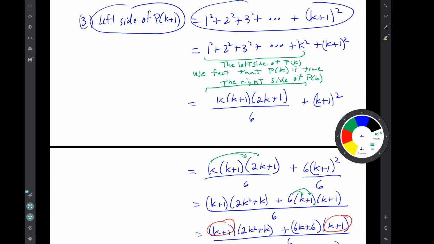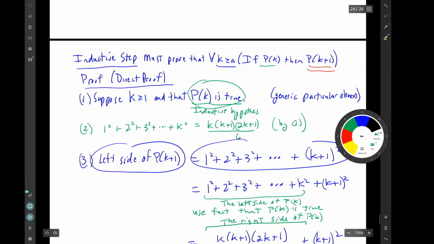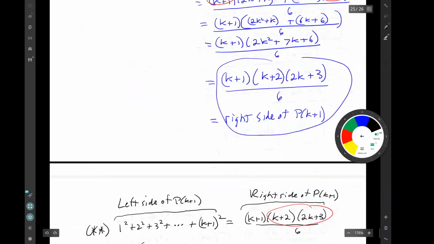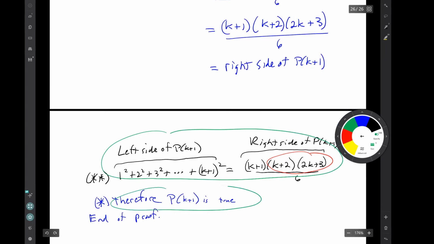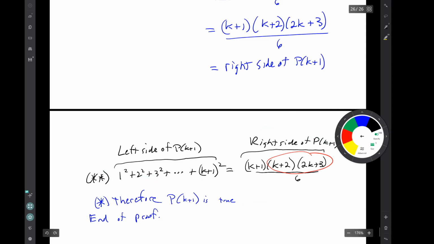We didn't prove that P(k) is true. What we proved was if you assume that P(k) is true, then P(k+1) is true. So we've shown that this equation's true, so therefore P(k+1) is true. Again, this is contingent on assuming that P(k) is true, and so that's the end of the proof of the induction step.